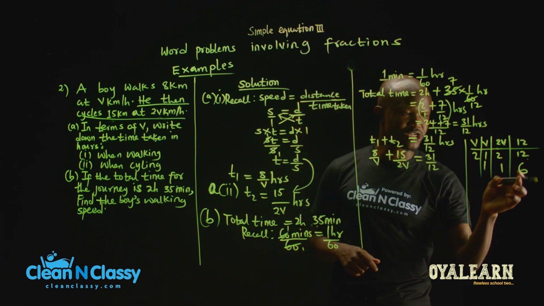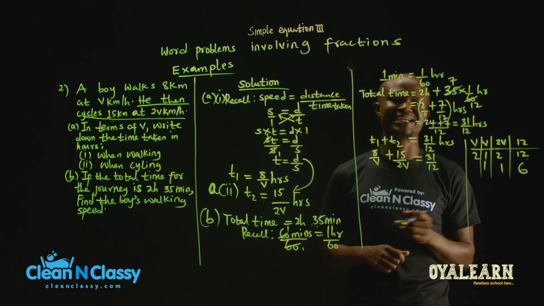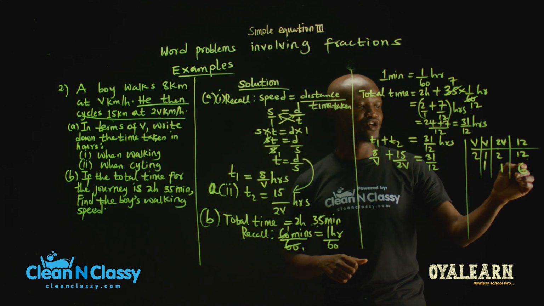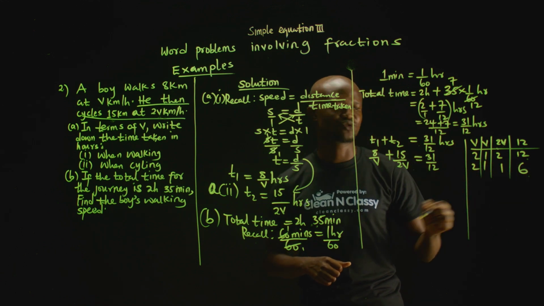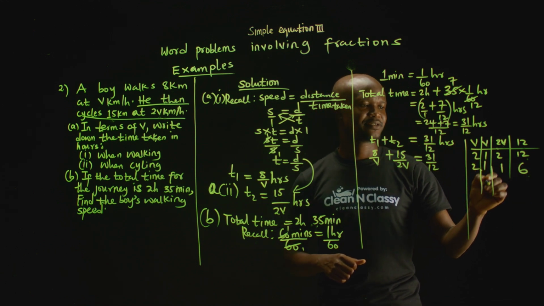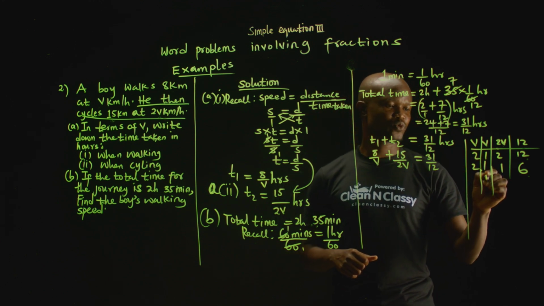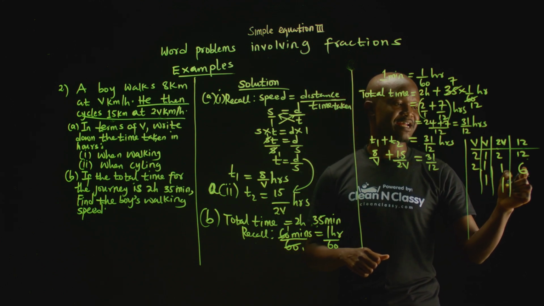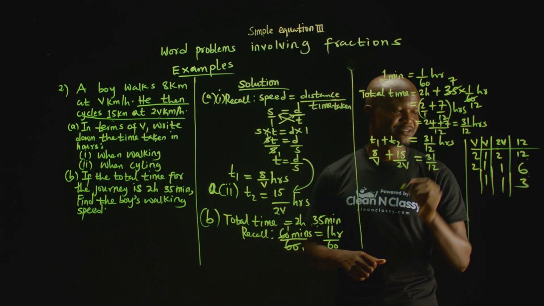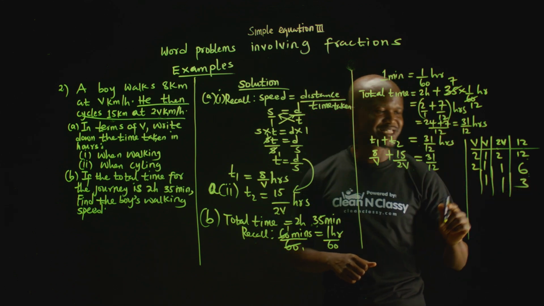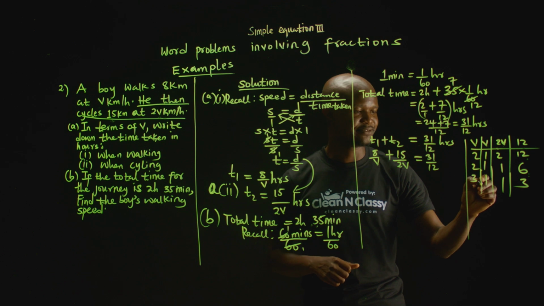Now we need to reduce 6 so that we have 1 at the end of everything. So we still have to use 2, which is a factor of 6, to divide further. We still write 1 here. Now 6 divided by 2, we have 3. We need to exhaust everything, so we need to use 3 again.